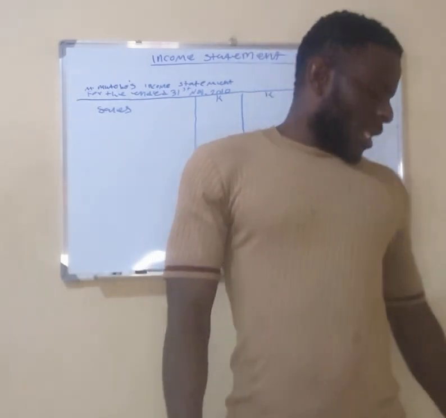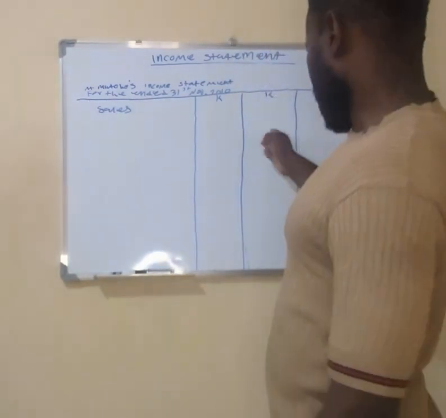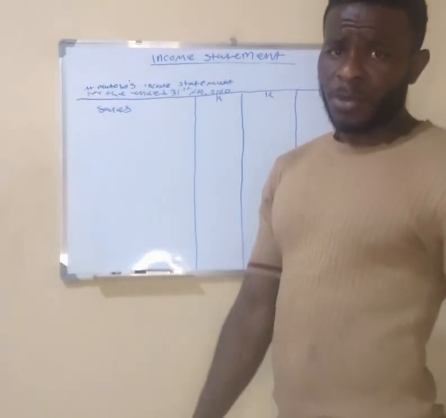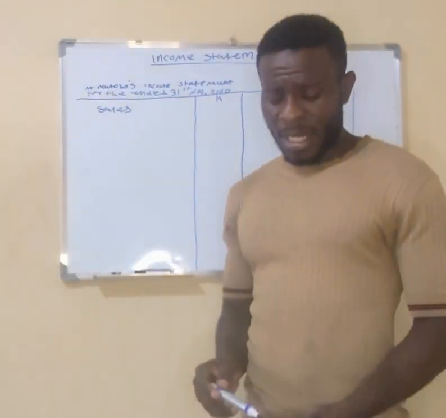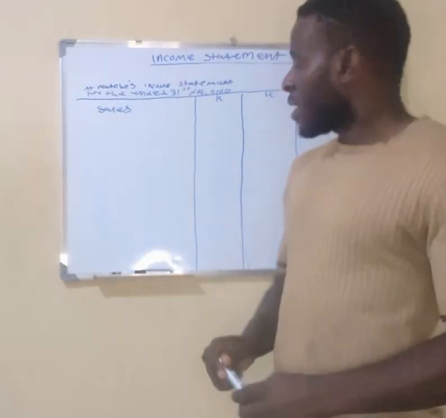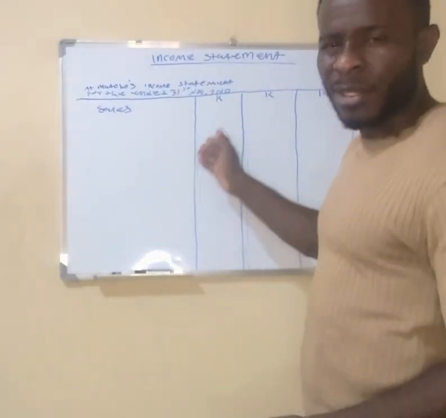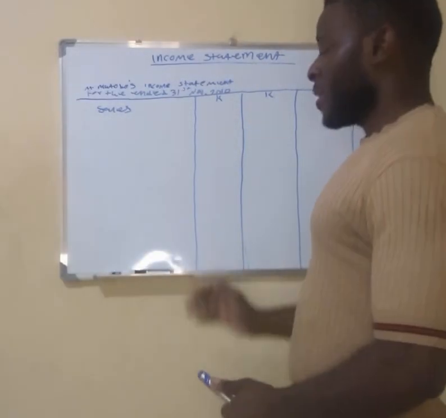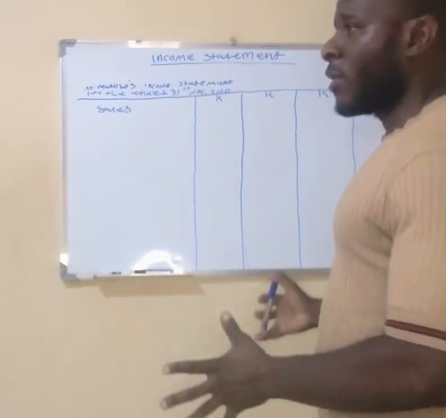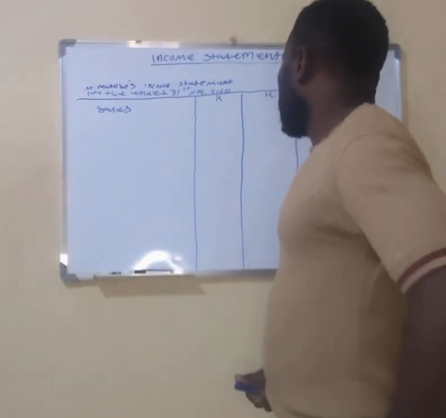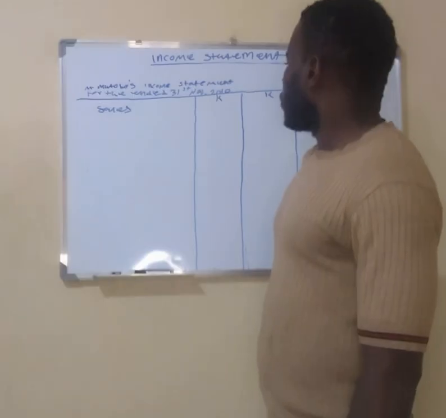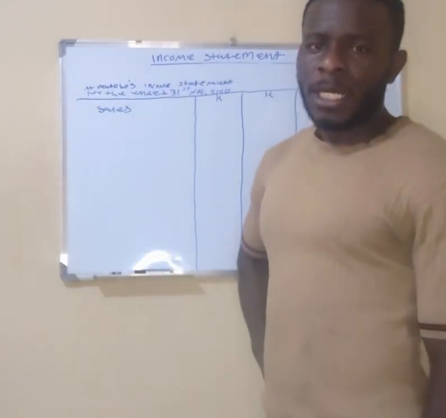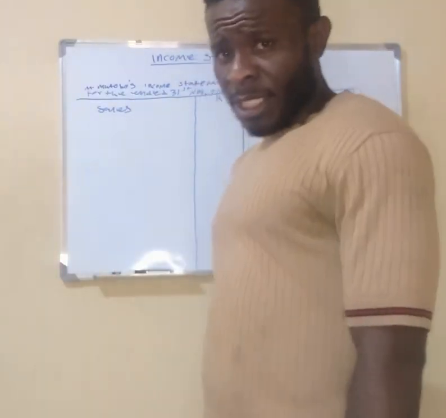And the reason why there are 3 columns is because there are adjustments that are made. So these other columns will be used for adjustments.